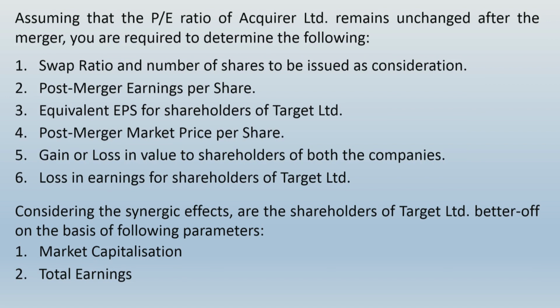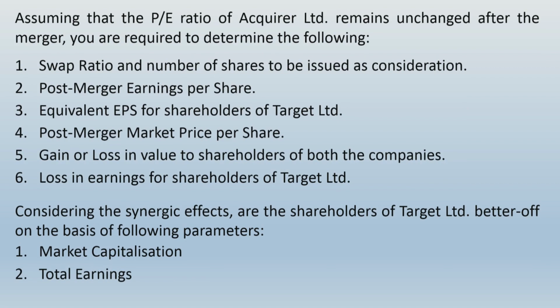Then they have further asked post-merger market price per share, gain or loss in value to the shareholders of both the companies, loss in earnings for shareholders of Target Limited. Considering the synergic effects, are the shareholders of Target Limited better off on the basis of the following parameters? Number 1, market capitalization, and number 2, total earnings.